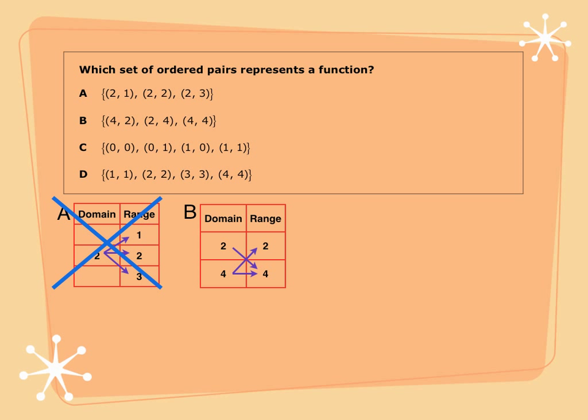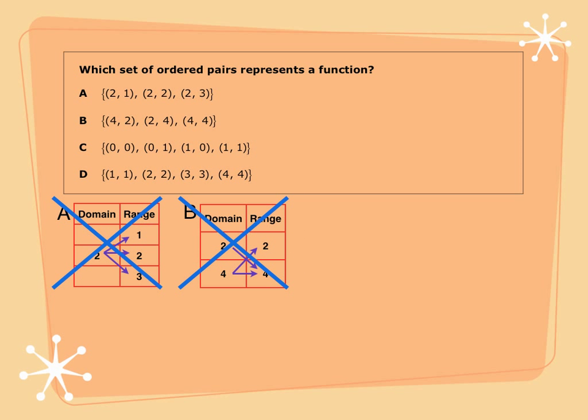For the domain value 2, I would need to draw an arrow to 4 because my second ordered pair is 2, 4. And then again from the domain value 4, I would need to draw an arrow to the range value 4 because my third ordered pair is 4, 4. When I draw those arrows and make my mapping diagram, you'll notice that the domain value 4 has 2 range values, 2 and 4, so this cannot be a function.